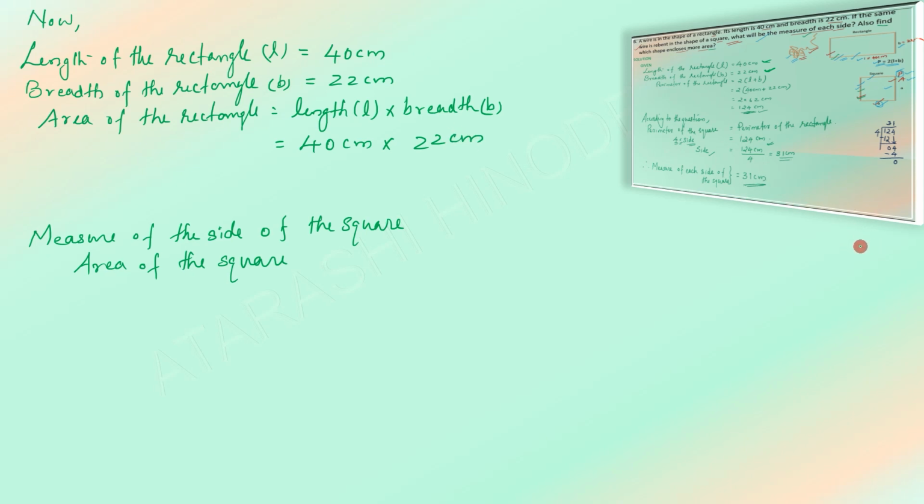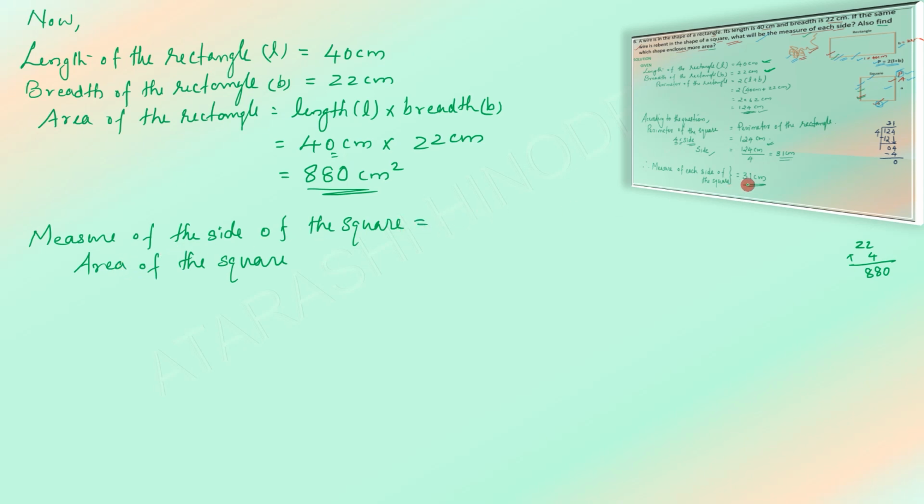So when we multiply, we can multiply 22 with the 4, 88, and then we have to put the 0. So here we get the area as 880 centimeter square.